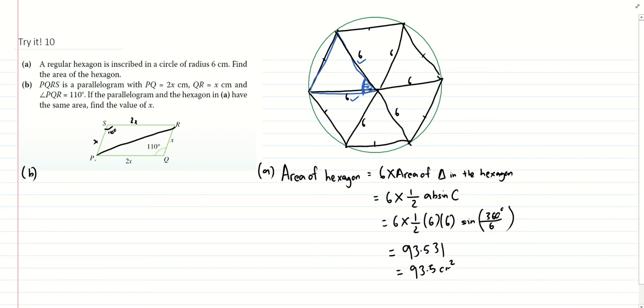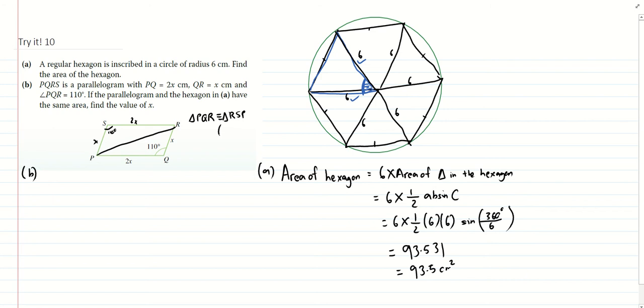So just a quick recap on chapter 6, congruency and similarity. We can actually prove that triangle PQR is congruent to triangle, so P corresponds with R, so RSP.